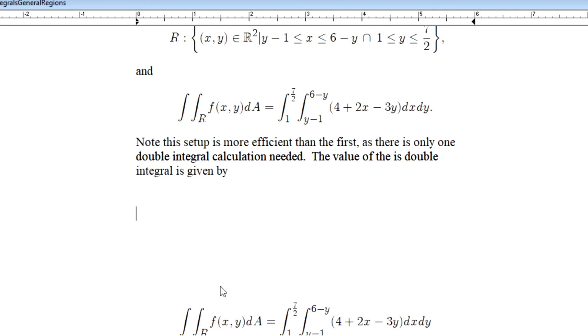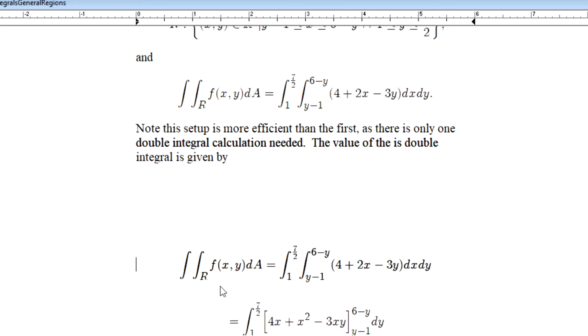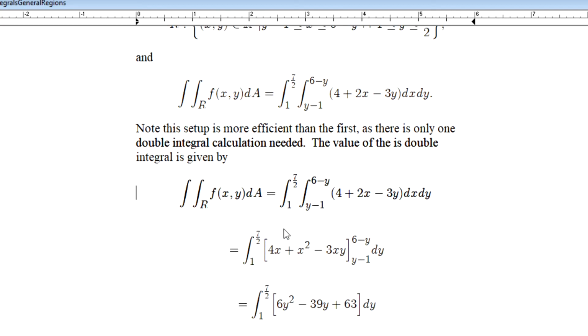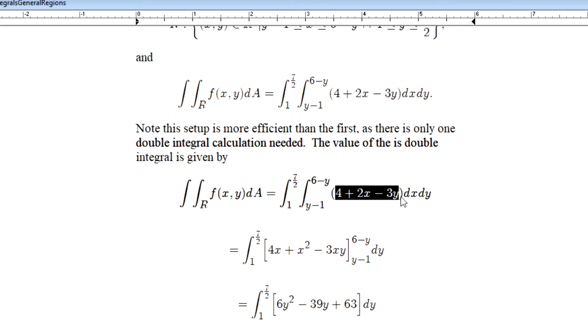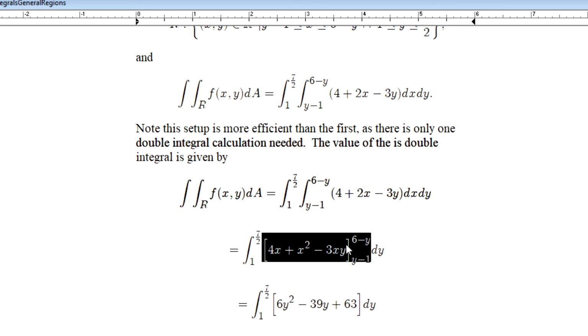And if we actually think of the value here, if we give ourselves another example of this calculation, this calculation is first going to happen with respect to x, and the antiderivative of 4 plus 2x minus 3y with respect to x is 4x plus x squared minus 3xy.